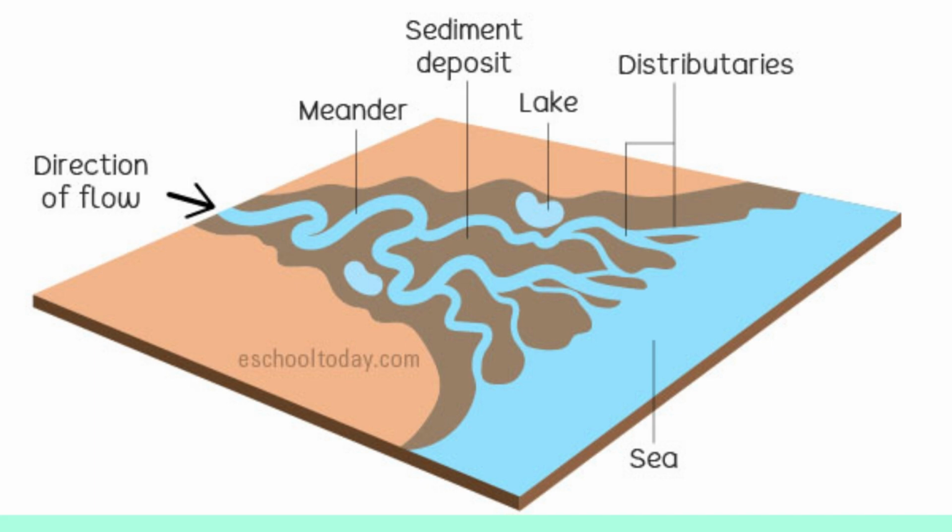Not all river mouths will have deltas, and this is because deltas need certain conditions in order to develop. One such condition is a large amount of sediments brought down by the river from the upper and middle courses.